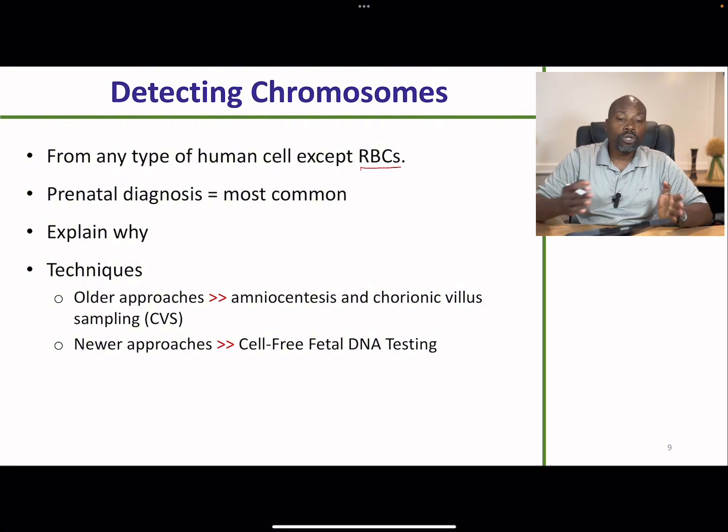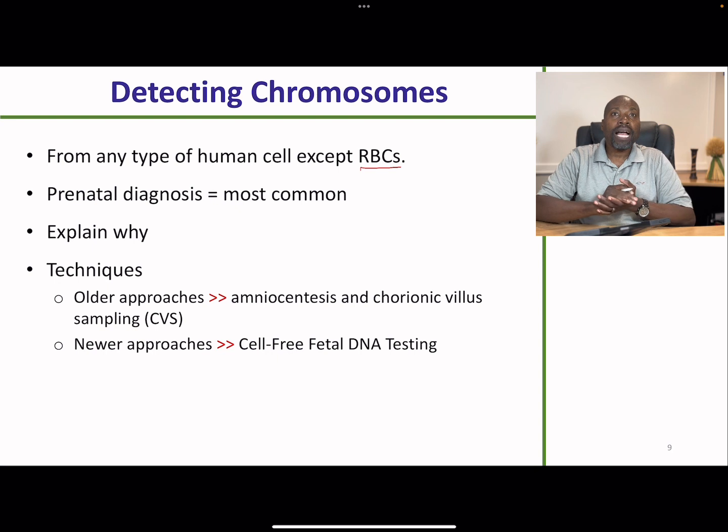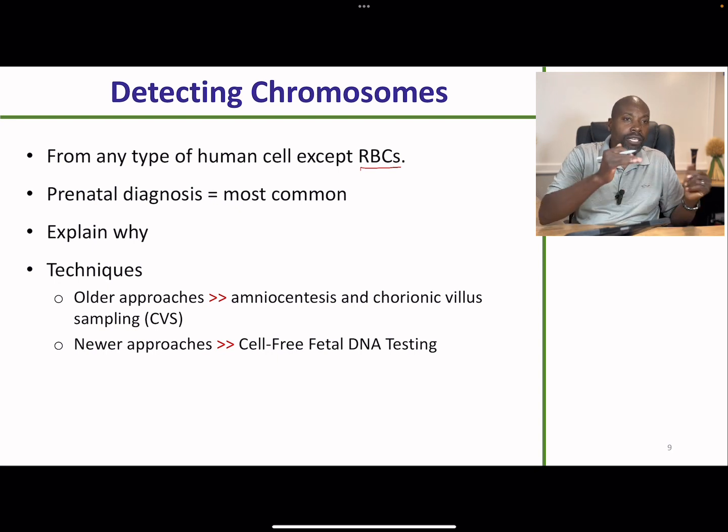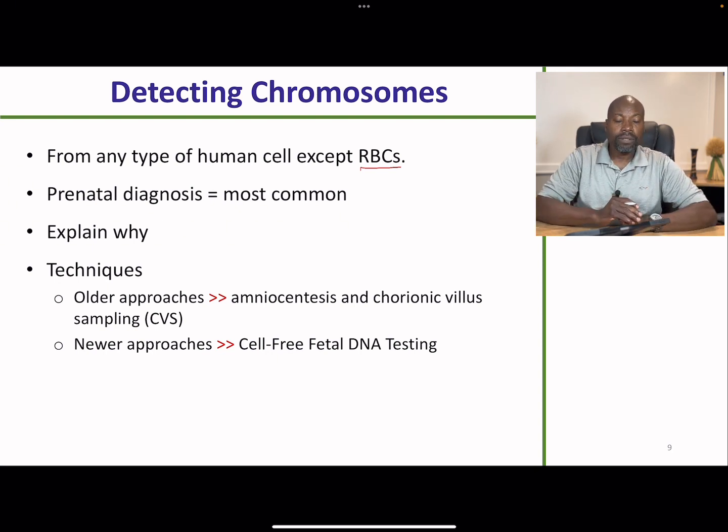Well, you cannot use red blood cells to study, for instance, a karyotype, or perform any other genetic analysis, for the reason that red blood cells are the only cells in your body that do not have a nucleus when they are mature.